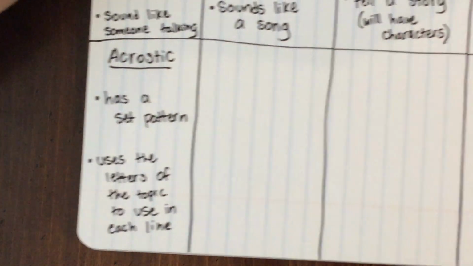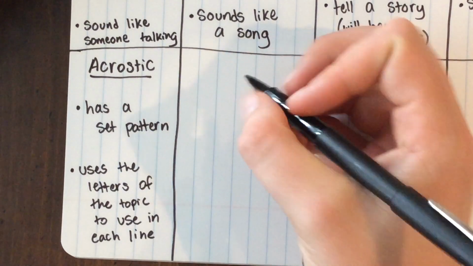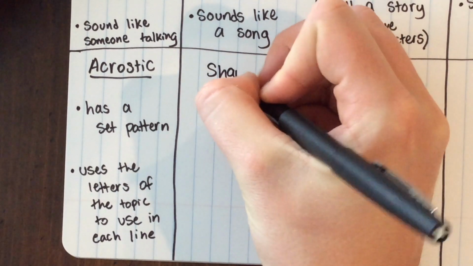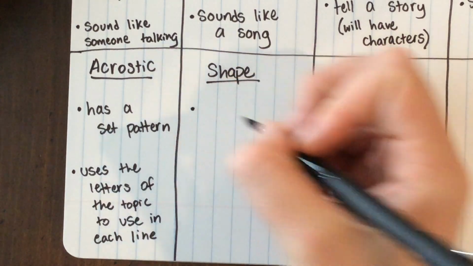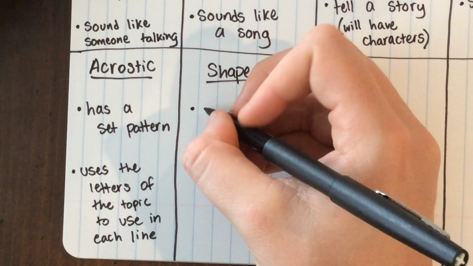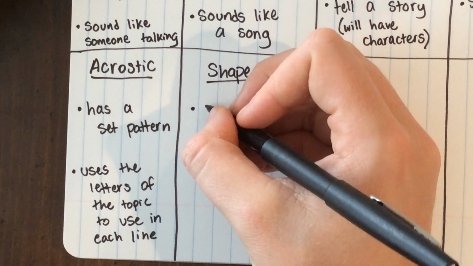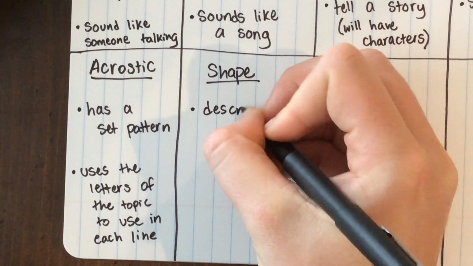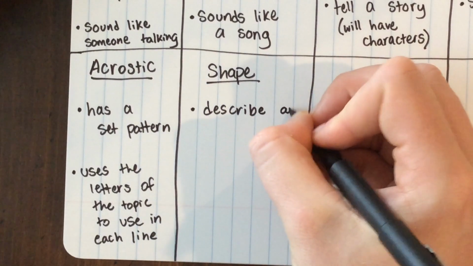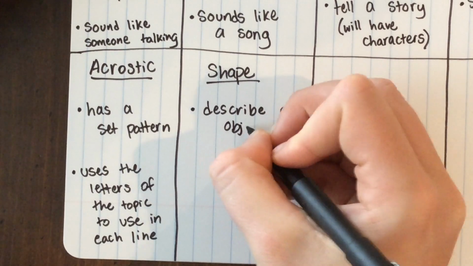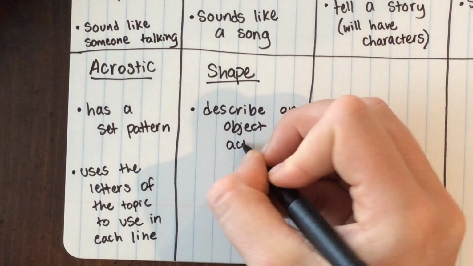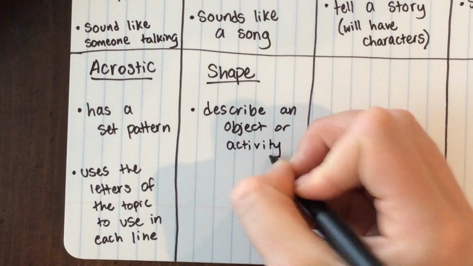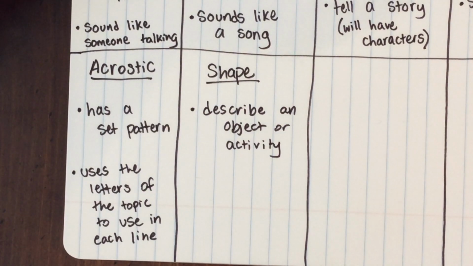The next poem we're going to talk about is a shape poem. These poems are poems that describe an object or activity. Describe an object or activity.